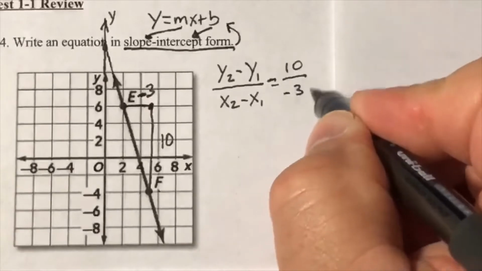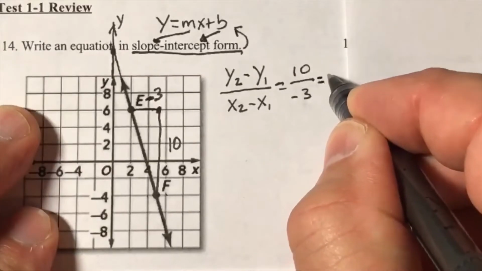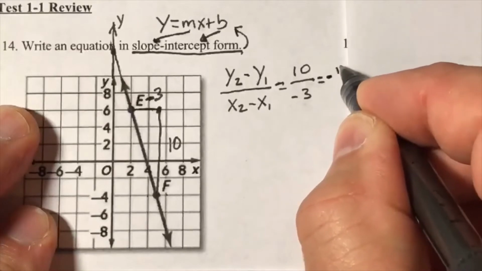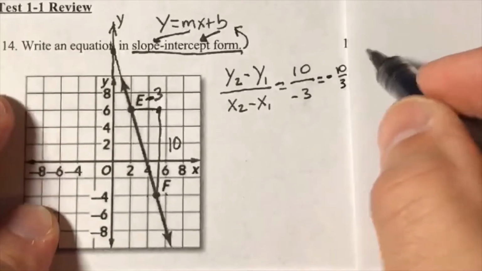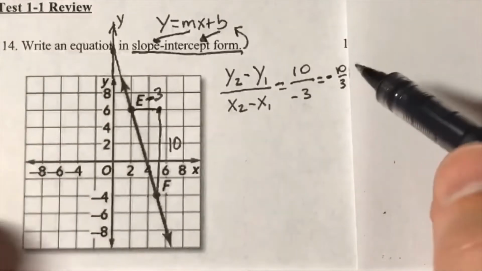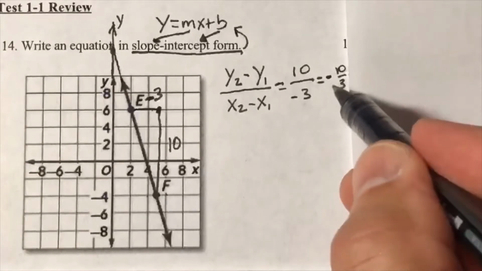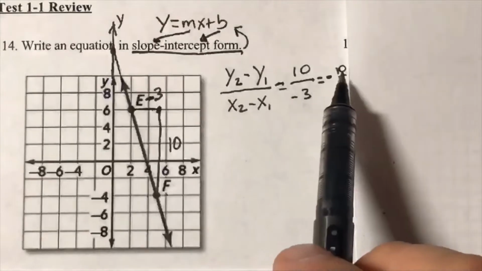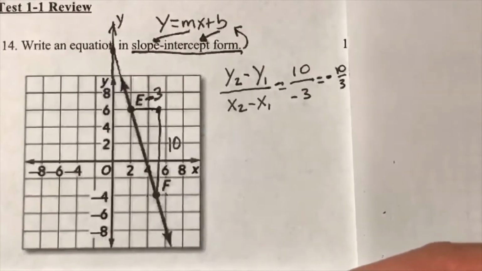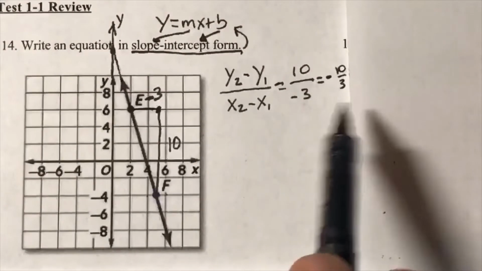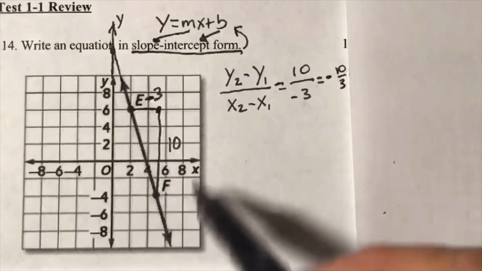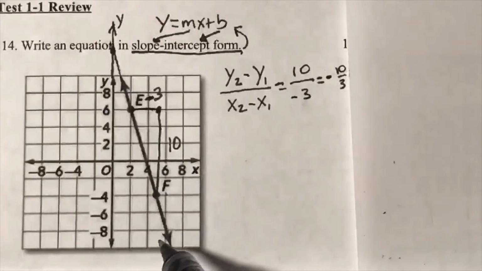So my slope is negative 10/3. When you want to do your rise and run, this negative sign can float. If I wanted to move it to the top and go down 10, I could do that, and then to the right 3. It just depends on how you can work with that slope.